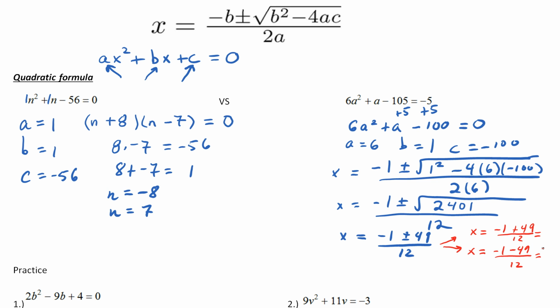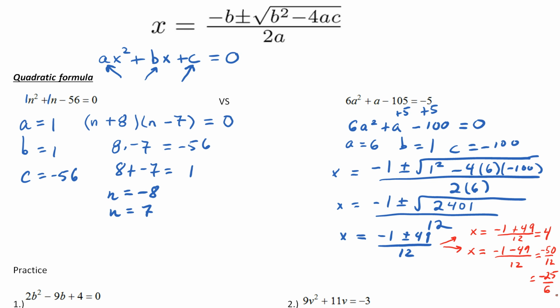So doing these calculations, we get 4 and this would be negative 50 over 12, which is not a nice number, but we can reduce this to negative 25 over 6.